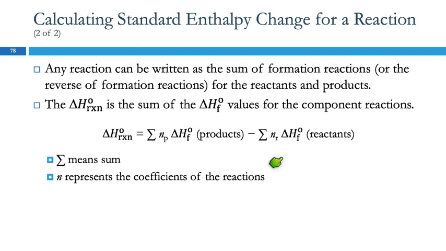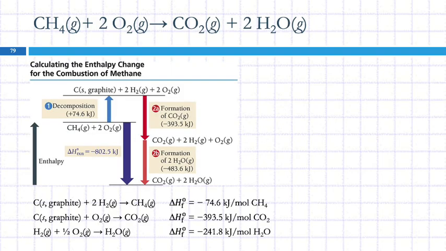So this is how it's written mathematically. That capital sigma means the sum of, and n here represents the coefficients for the products, and this is the coefficients for the reactants. Here we can look at this in different ways. This is the overall reaction: methane plus oxygen to form CO2 and H2O, combustion of natural gas.